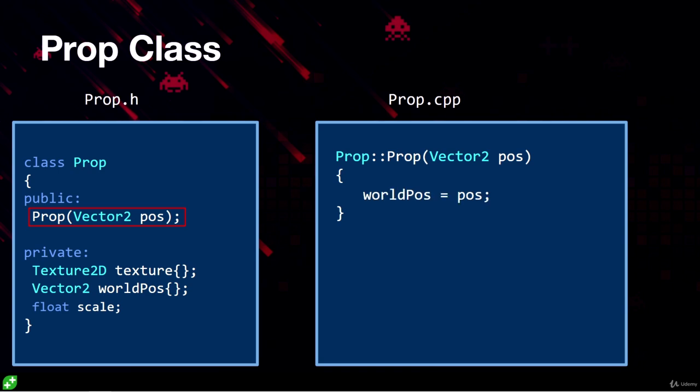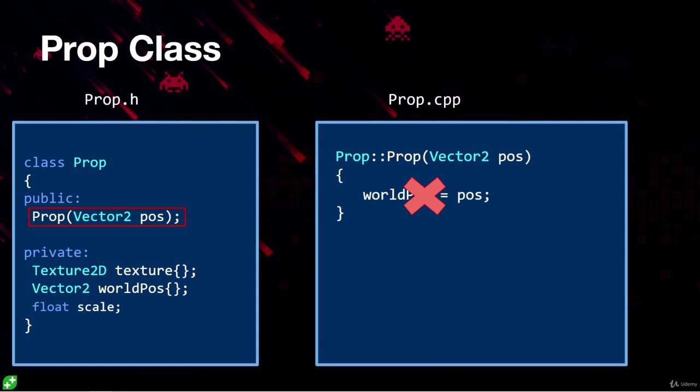So we could do the same thing here and take the input parameter pos and simply set the value for worldPos here. But this is actually not the most efficient way to do it because worldPos is already initialized thanks to our braced initialization. So we're using the assignment operator to perform a separate assignment to that variable.